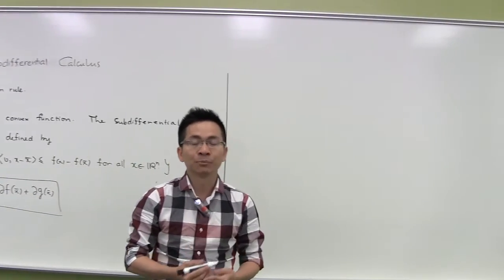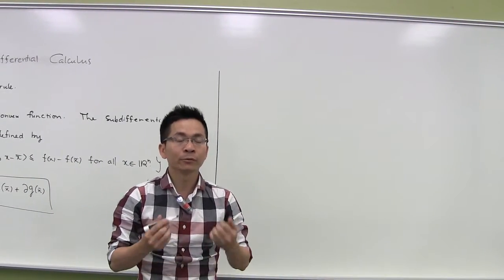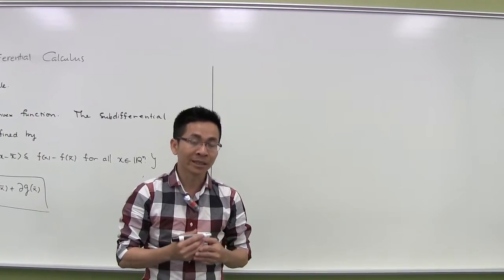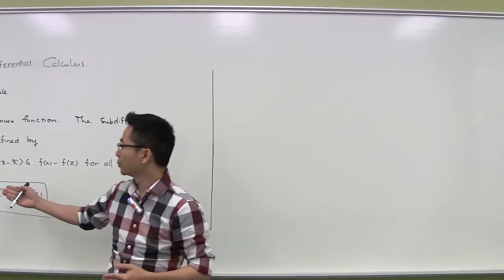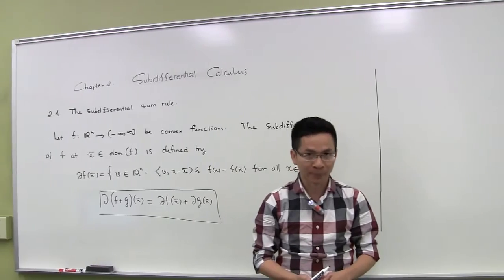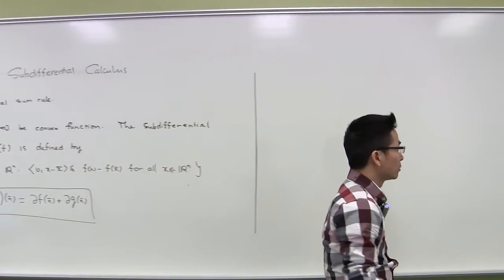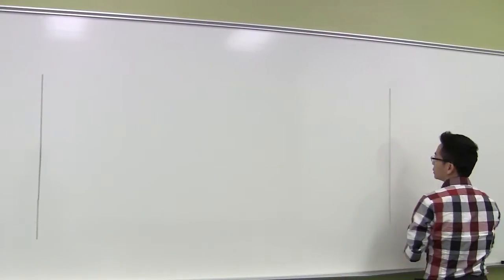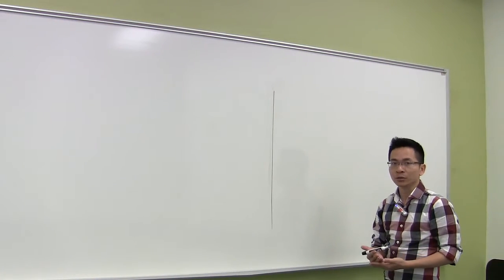So our approach is as follows. We're going to develop a geometric approach in order to prove the subdifferential sum rule. Before, we know about the intersection rule for sets.